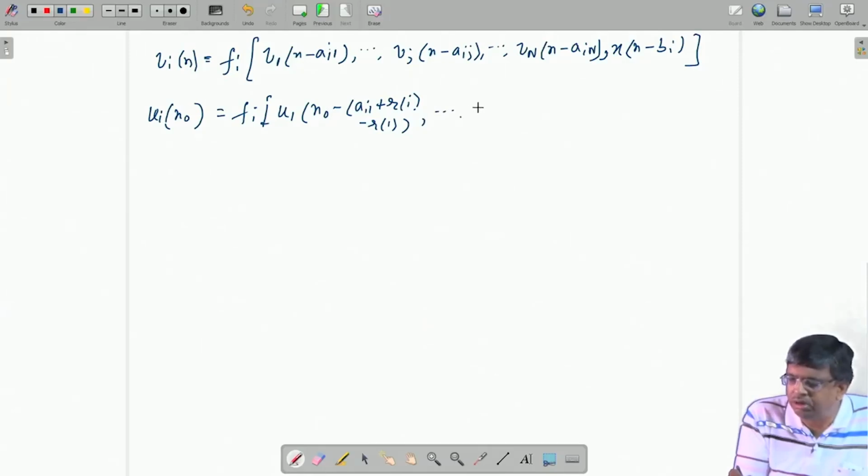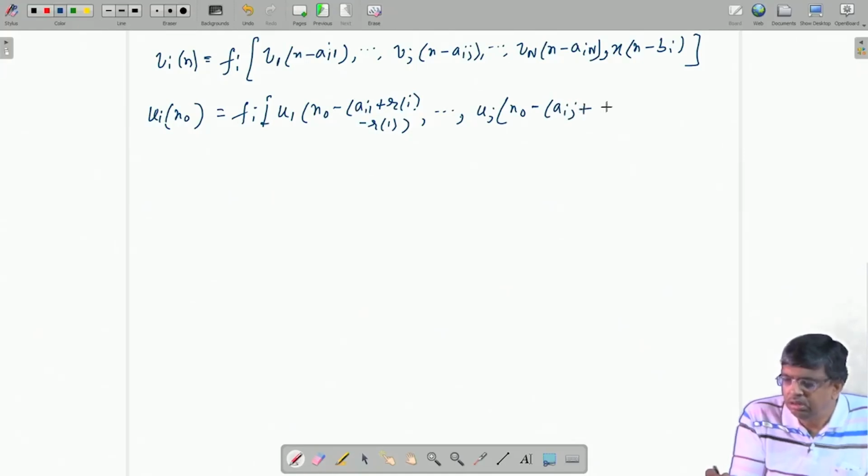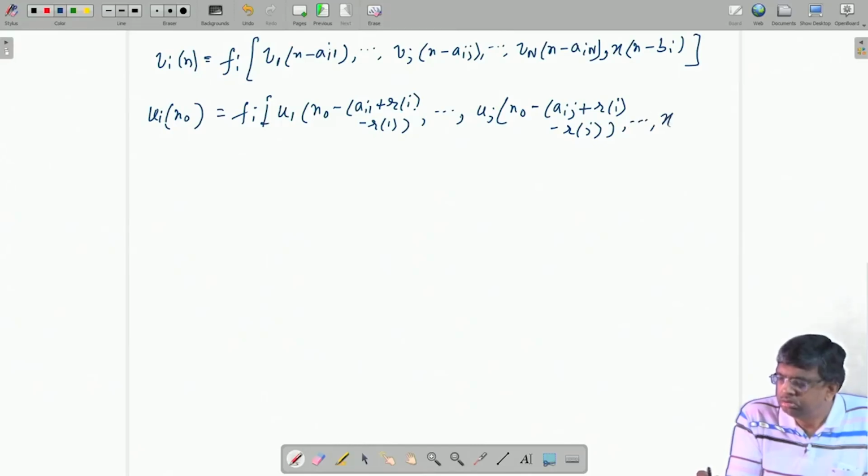I will not write all the terms, just the general term Uj would be enough, n naught minus Aij plus, dot dot dot, x[n naught] minus Bi, and then there was another term r(i).